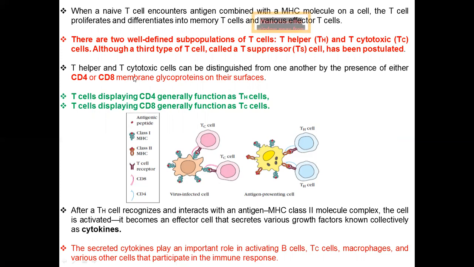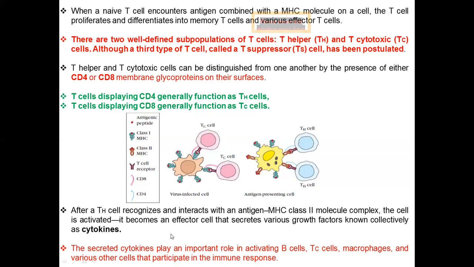Those cells expressing the CD8 membrane glycoprotein marker generally function as T cytotoxic cells. Okay, so as I already told you, the T helper cell recognizes and interacts with the antigen that is loaded with a class 2 MHC molecule.